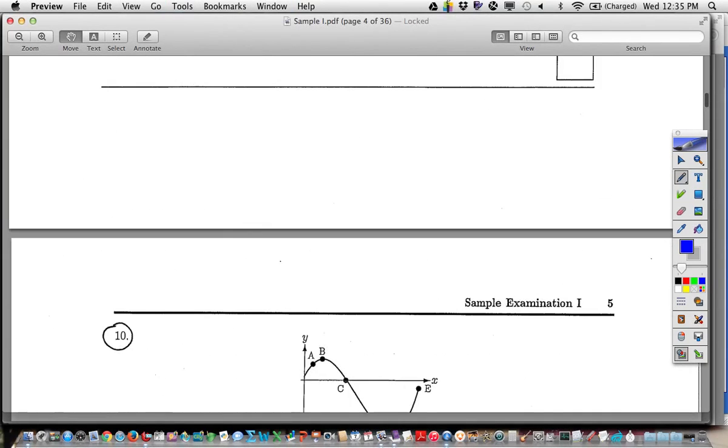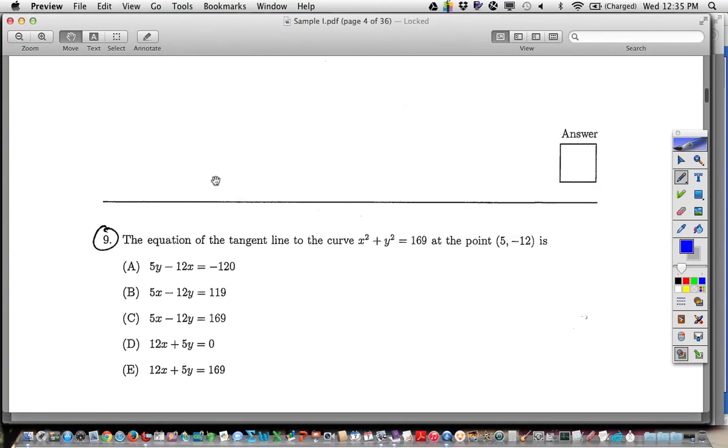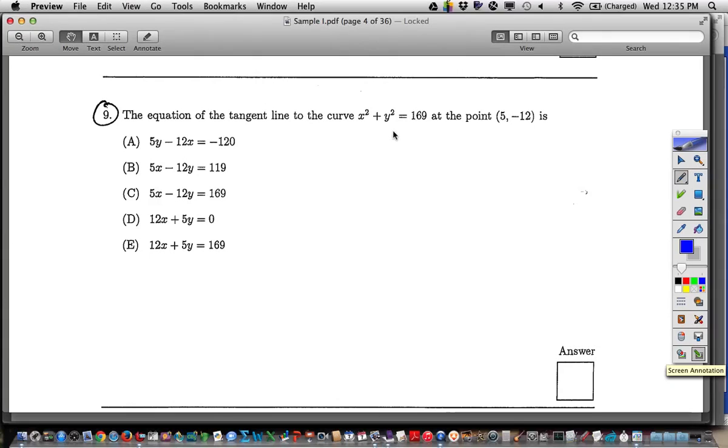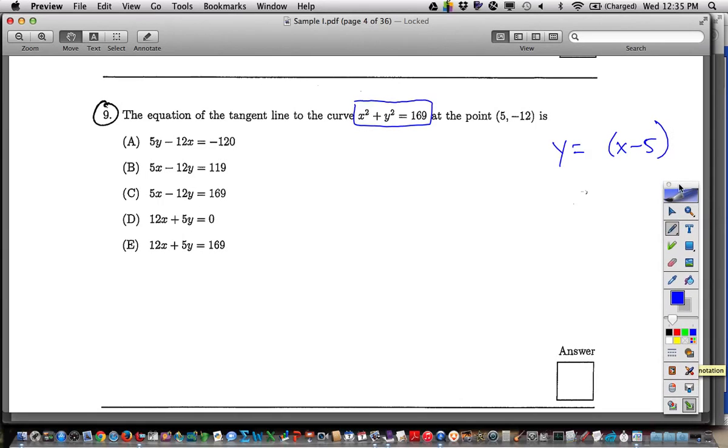Okay, now what was number 9? Okay, so what'd you do here? Well, this was kind of what I was talking about earlier with the implicit. For the equation of the tangent line, we need y equals the slope times x minus 5. They give us the point, right?